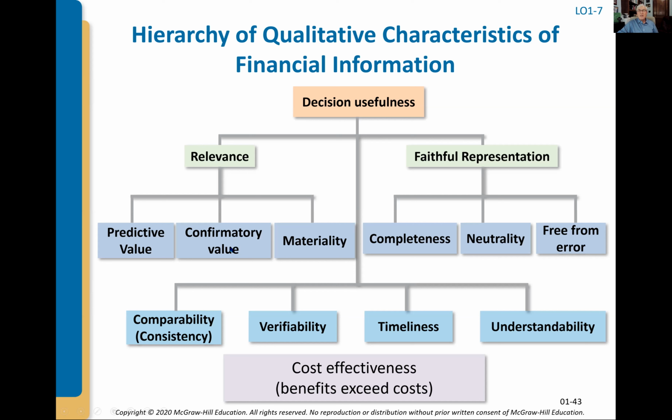Confirmatory value: does it confirm what's really going on in the business? Does it confirm the appropriate trends? And we're going to care about materiality. What does materiality mean? We're not going to track every single penny, because if we're one penny off, no one's going to care, right?